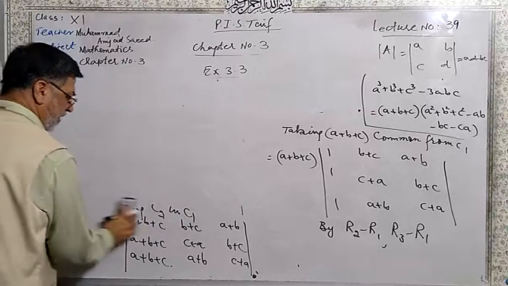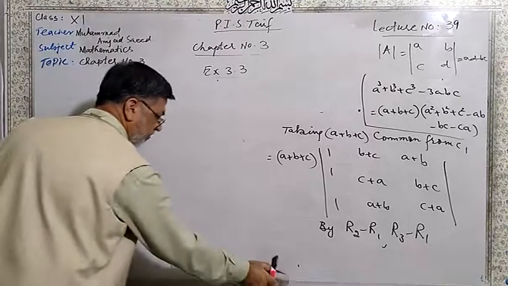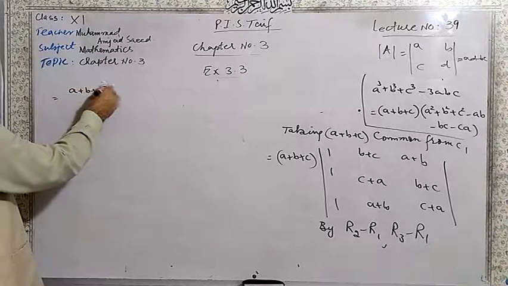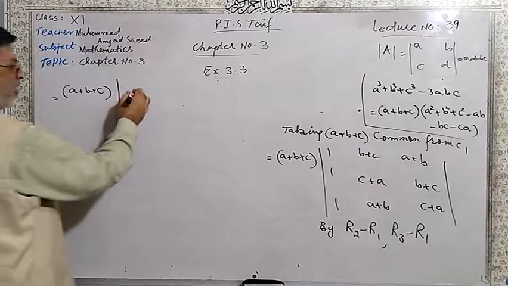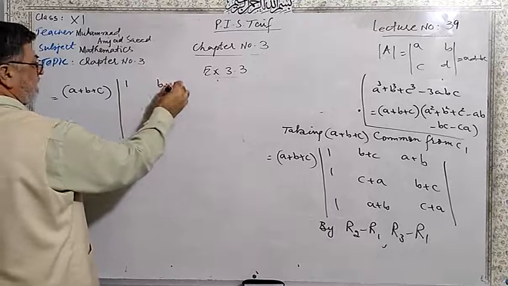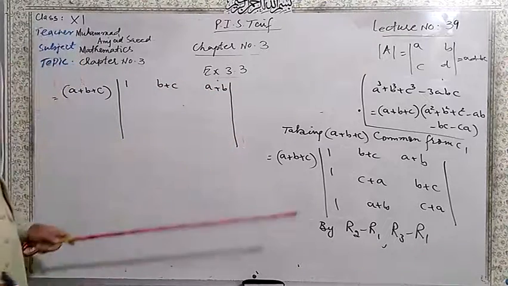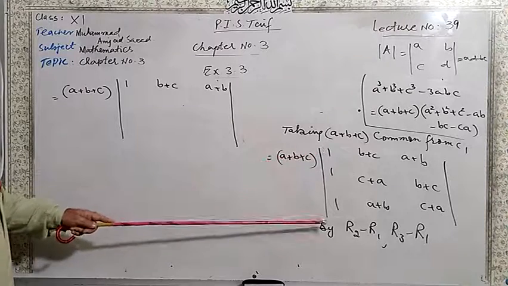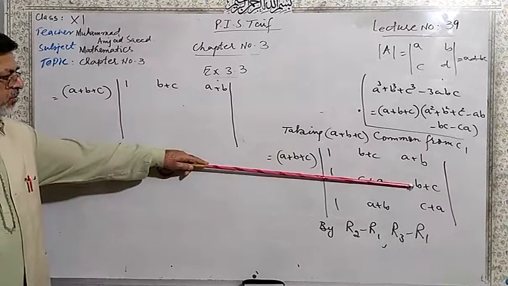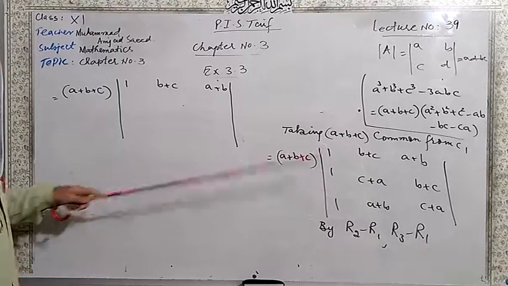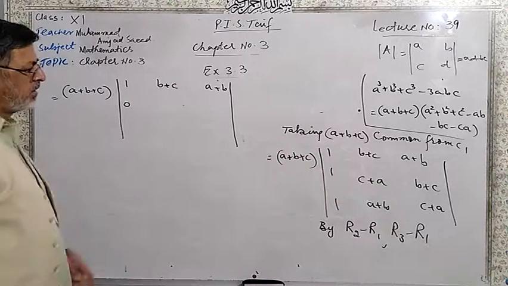Then we are left with A plus B plus C, 1, B plus C, A plus B. For R2 minus R1, 1 minus 1 is 0.